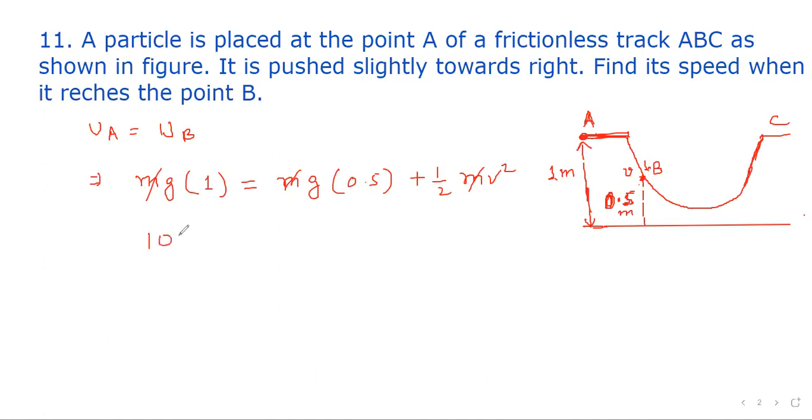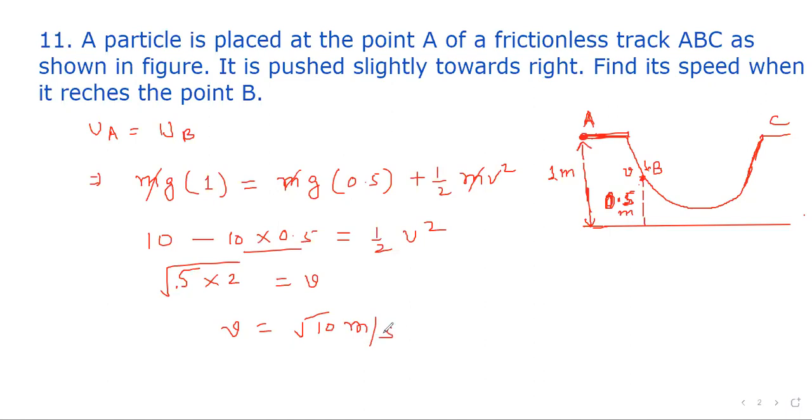So this is 10 minus 10 into 0.5 equals 1 by 2 v square. So 10 minus 5 is 5, multiplied by 2 is 10. Square root will be equal to v. So v equals root 10 meter per second.